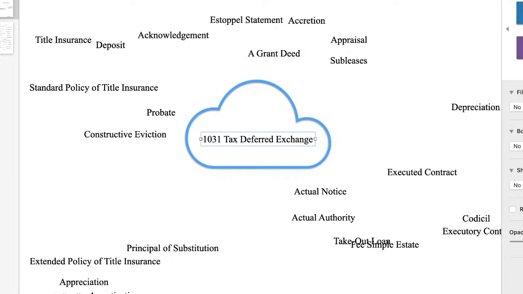The reason you would do this is that if you put the money into another property, you don't have to pay the capital gains tax on the property you sold. Everybody with me so far? When you do that, you have 45 days to identify the new property and 180 days to close the deal.